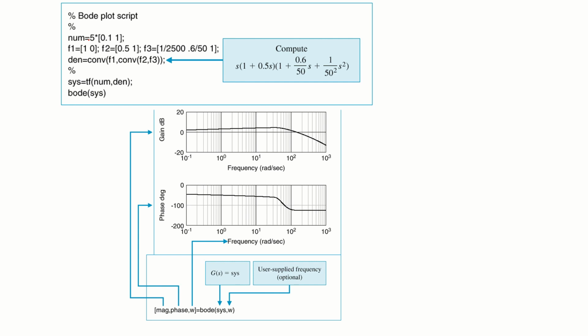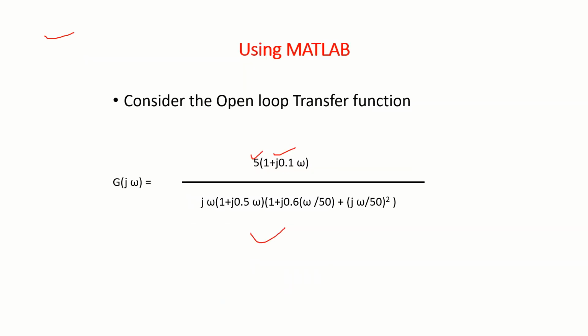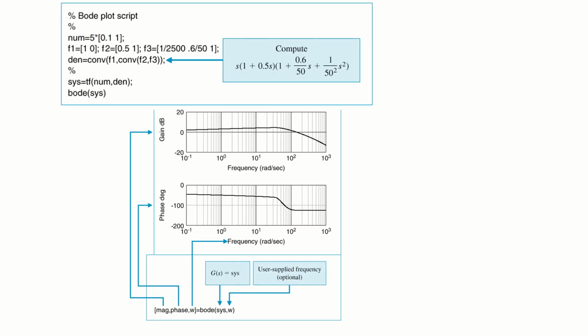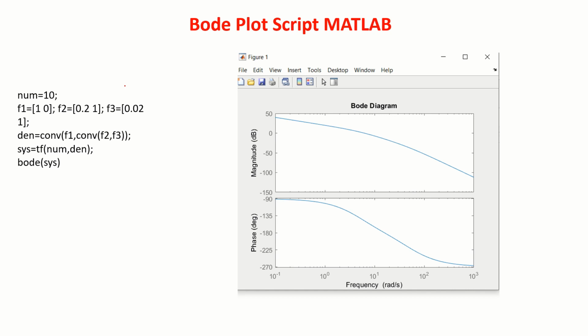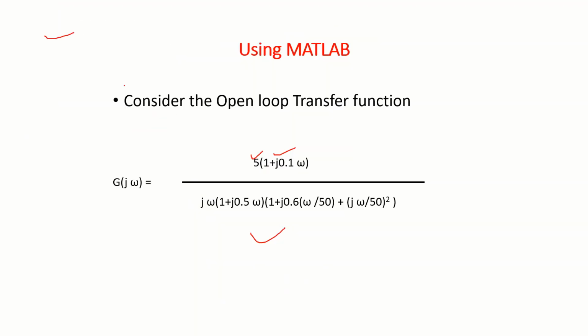Very simple. The numerator is what? 0.5 star multiplication, with the s coefficient 0.1 and constant 1. That's how the numerator is. For the denominator, s means 1, 0. Next is 1, 0.